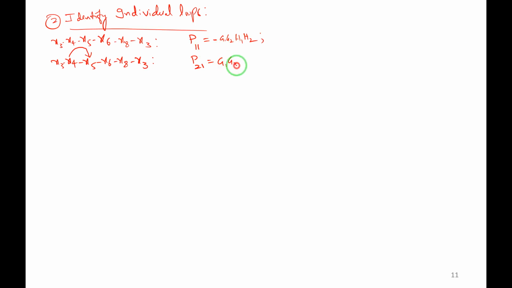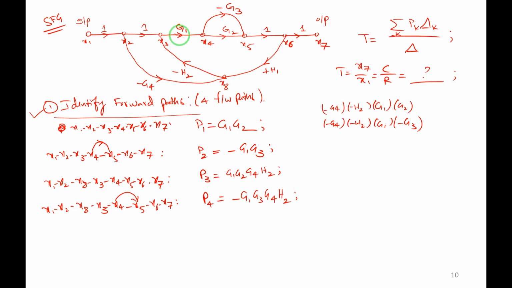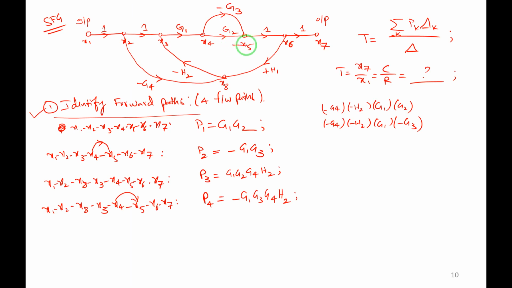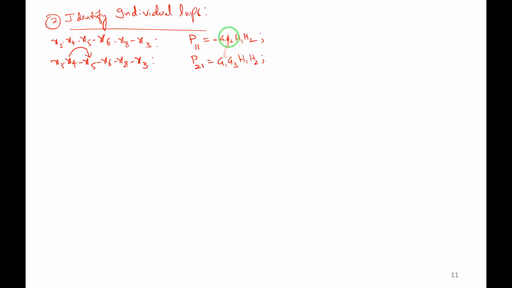So G1, G3, H1, H2. Just multiply and check it: G1 into minus G3, minus G1 G3 H1, minus minus plus into H2. So I am getting this. I compared the previous loop and this loop and have written it here.